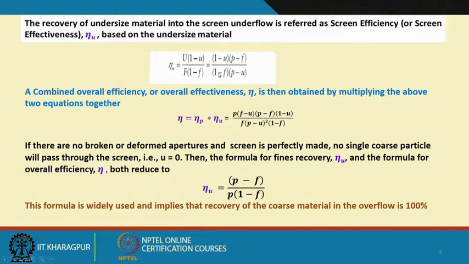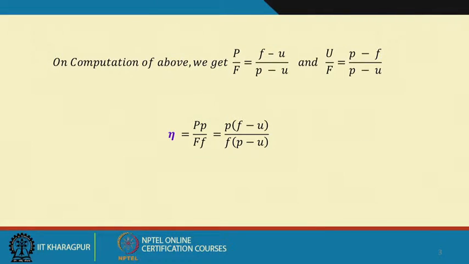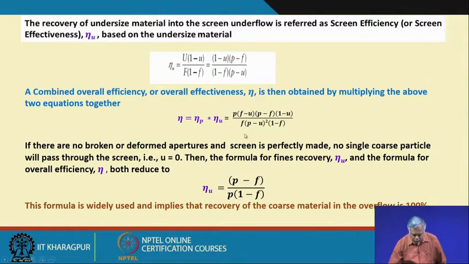That is, your oversized material effectiveness multiplied by undersized material effectiveness, this equation multiplied by this equation, and we get an equation in this form.